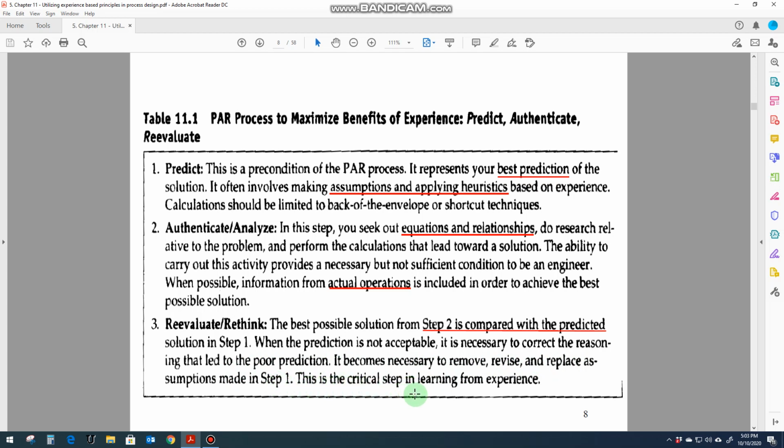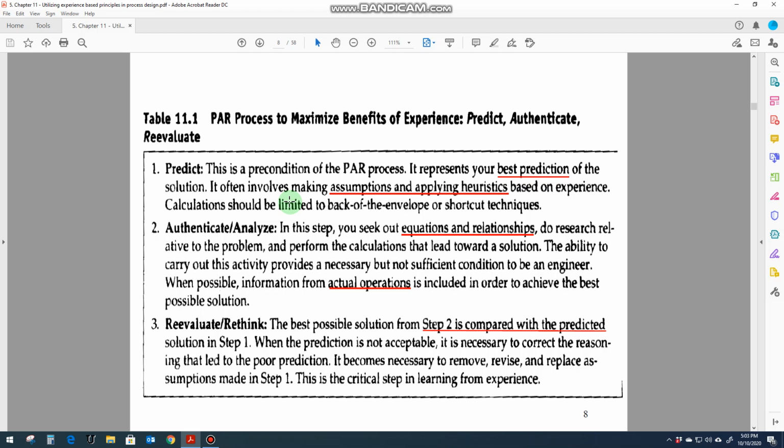This is a critical step in learning from experience. If you are getting different values in step 2 from what you predicted in step 1, then you obviously have to revise your assumptions and redo the calculation until you reach the value you actually predicted in the first part. Now this is basically relying on making assumptions. It is more relevant to what experience you have.